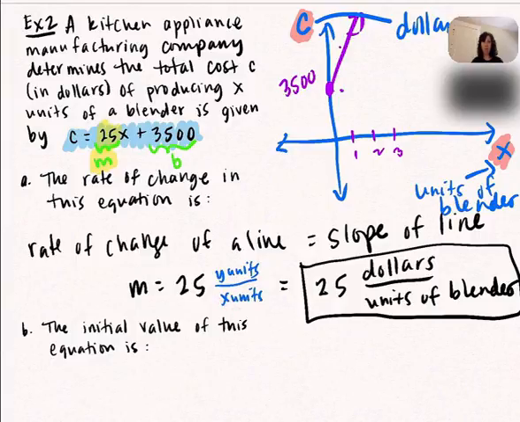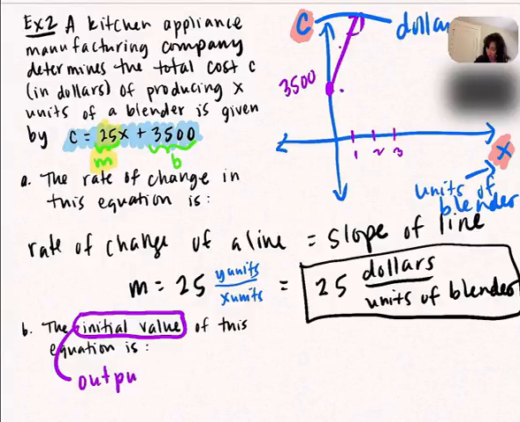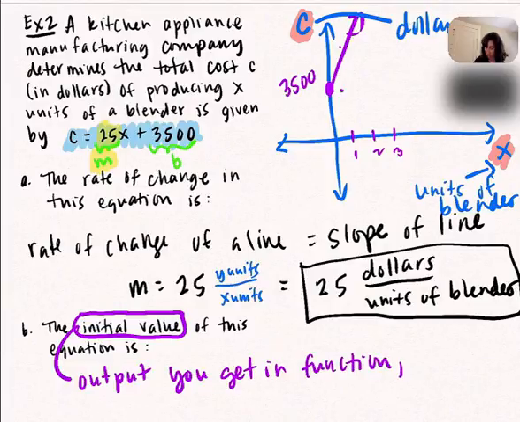Okay, now what about initial value? So what's an initial value? Let's take a look at that. Initial value is the output you get when your x-axis variable is 0. So this is the output you get in the function when input is 0.